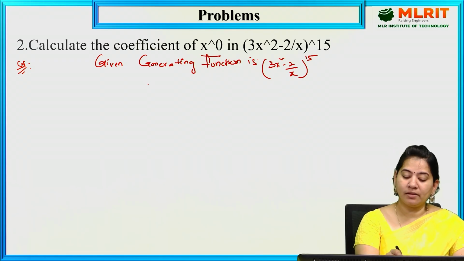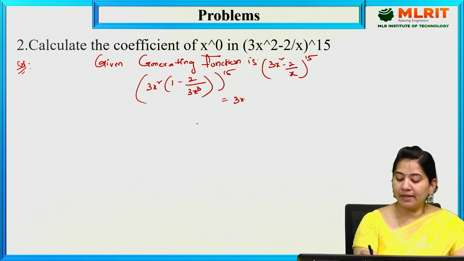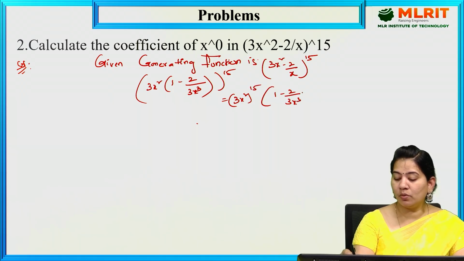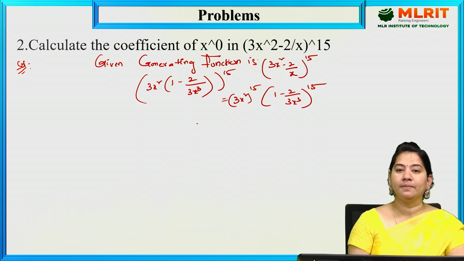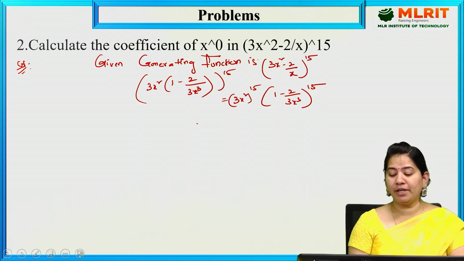You just take 3x square common, then we will get 1 minus 2, and this 3x square will come in the denominator, that is 3x cube, as we already have x. So power 15, which you can write as 3x square whole power 15 into 1 minus 2 by 3x cube whole power 15.